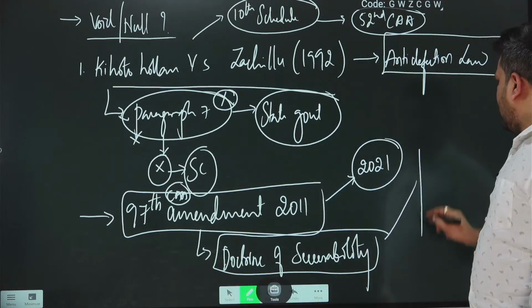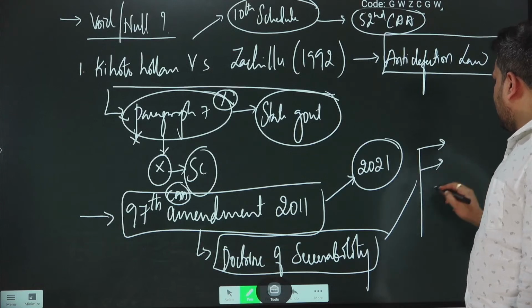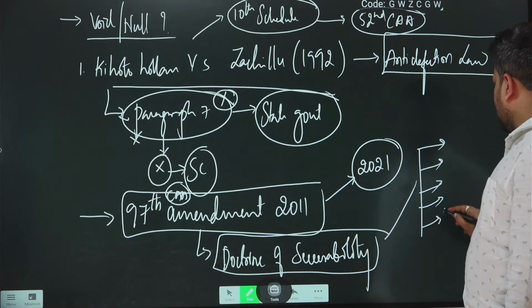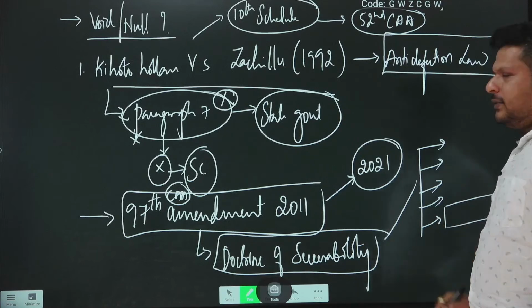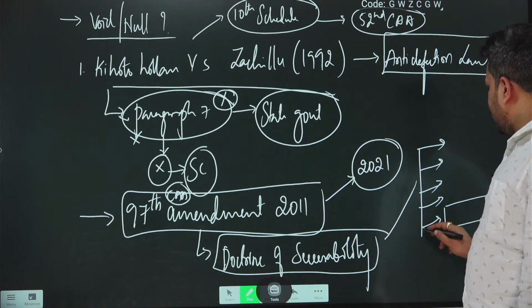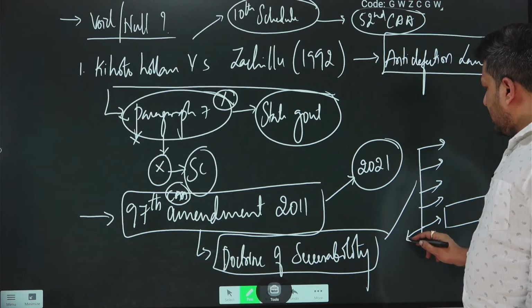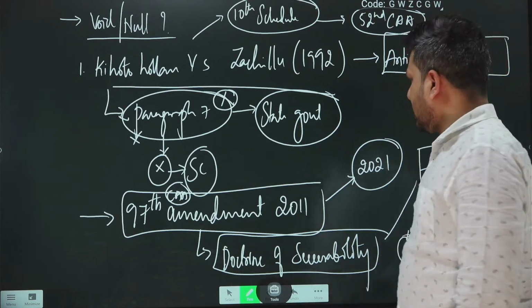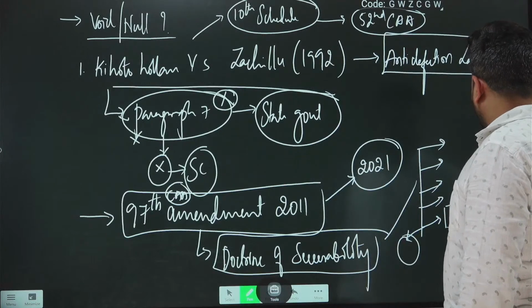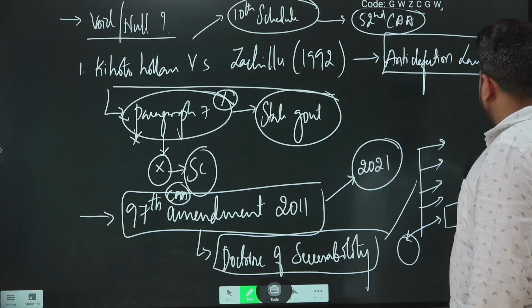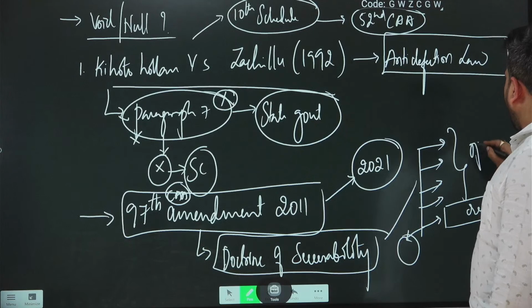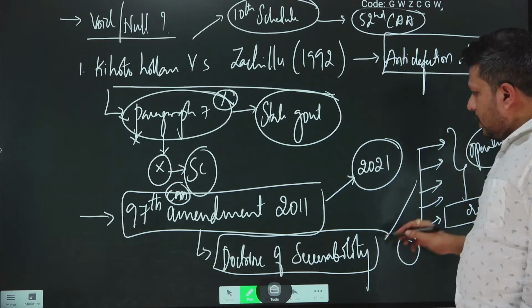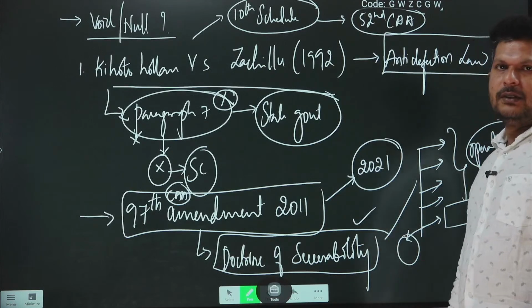Suppose in any law there are n provisions, 1, 2, 3, 4, and if the judiciary feels one of the provisions of the law is not in accordance with the Constitution, then such a provision can be removed and the other provisions can be kept operational. This is called the doctrine of severability.